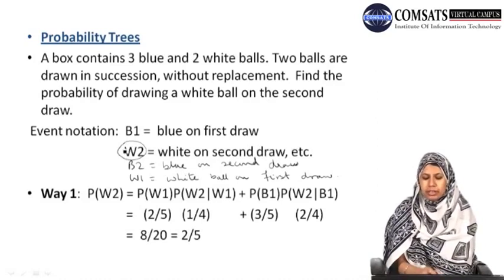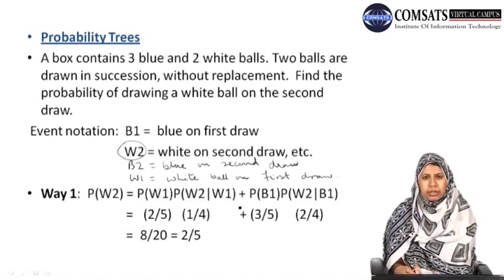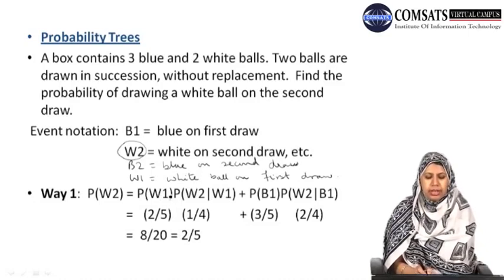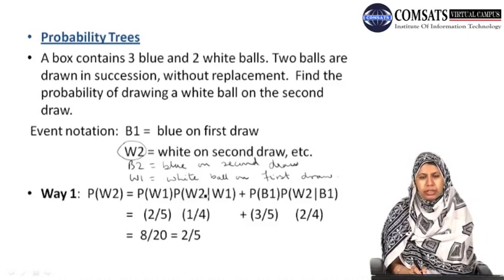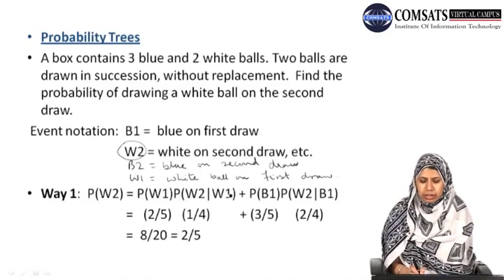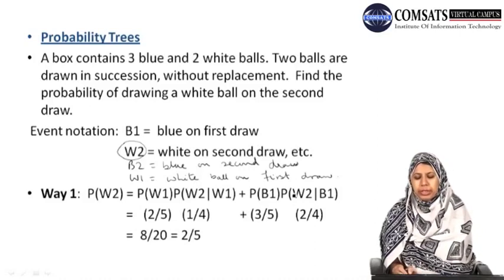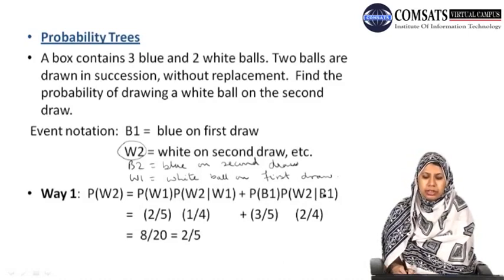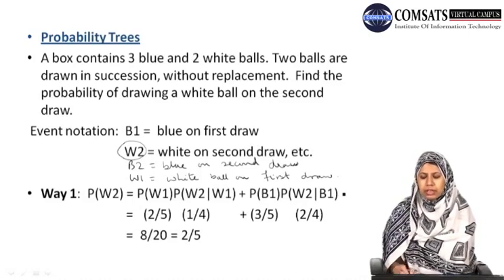So we can easily find this probability by using the formula of conditional probability of dependent events: the probability that we will obtain a white ball on the first draw times the probability of obtaining the white ball on the second draw, provided that the white ball on the first draw already occurred, plus the probability of obtaining a blue ball on the first draw times the probability of obtaining the white ball on the second draw, provided that the blue ball has already occurred on the first draw.